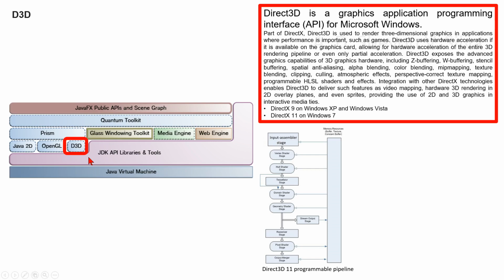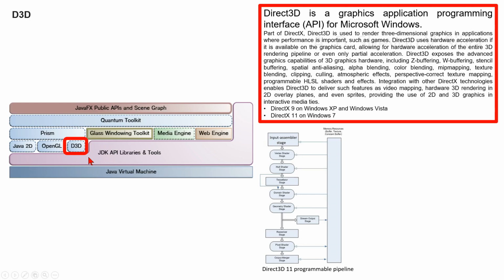Direct 3D uses hardware acceleration if it is available on the graphics card, allowing for hardware acceleration of the entire 3D rendering pipeline or even only partial acceleration.